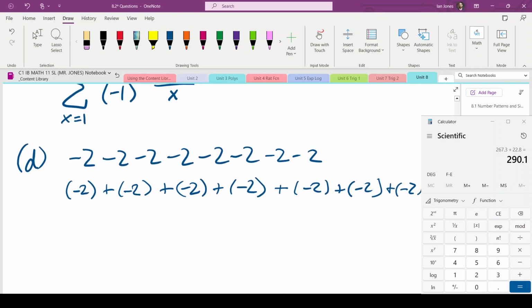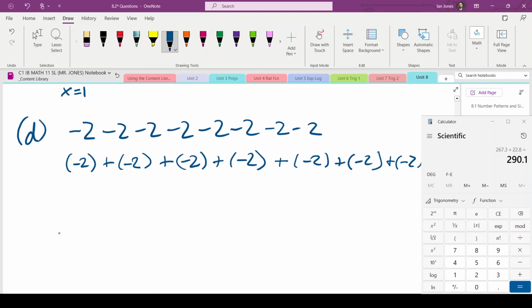Okay? Same thing. What is constant? What is changing? Constant, -2. Changing, nothing. Nothing is changing, so we don't really need to put our index variable anywhere. What's staying the same? -2. What's changing? Nothing.